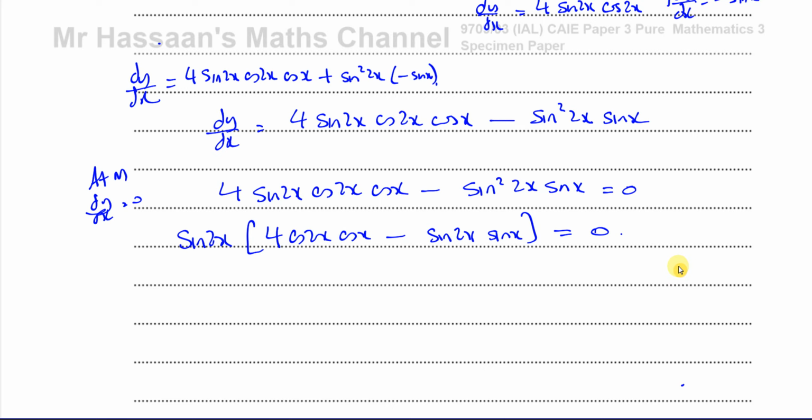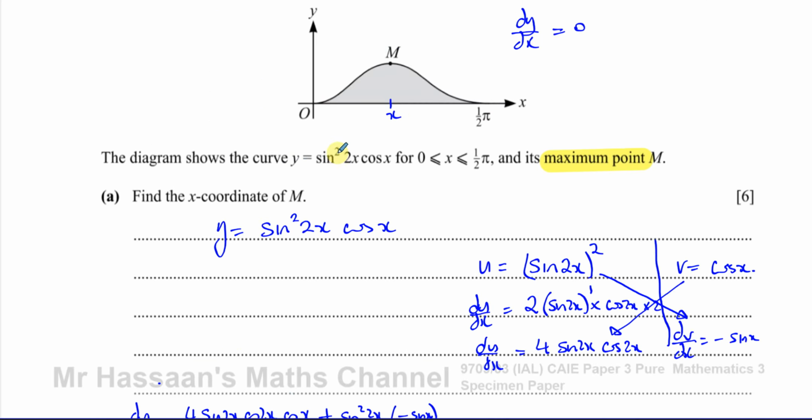Okay, now what can we do next? Well, we can say either sine of 2x equals 0. Let's see if this leads to any solutions. That means 2x equals 0, that means x equals 0. So that's obviously not the point that we're looking for. That's going to be a minimum over there.